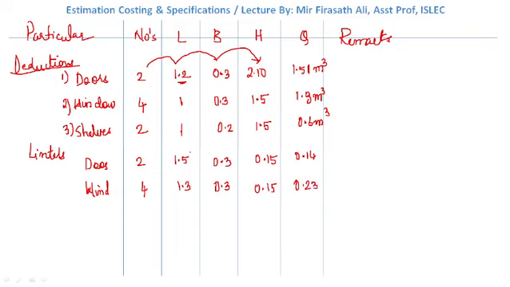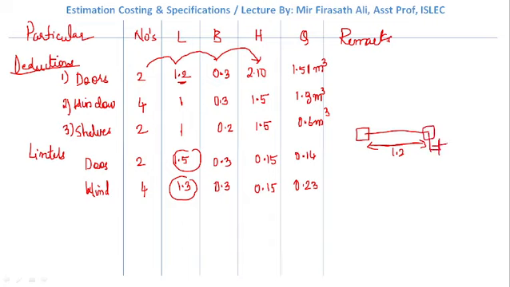How are we getting this 1.5 and 1.3? See, what is the width of the door? 1.2. This is 1.2 from here to here. We will place a bearing. So this distance is how much? 0.15, and here also 0.15.